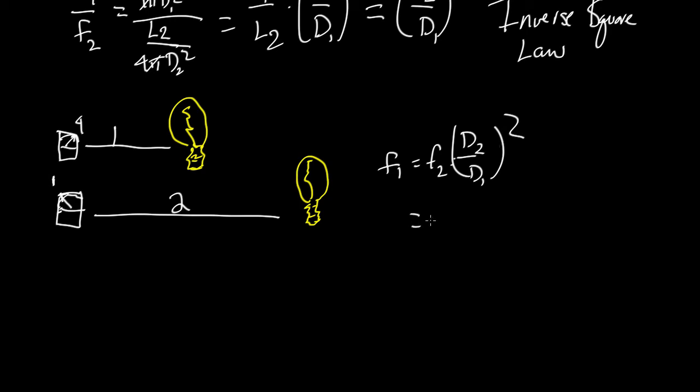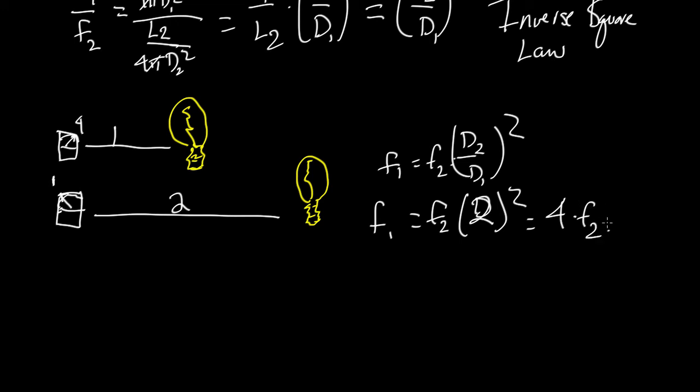Or, in the case of my light bulb example here, F2 is equal to 1, and the ratio of those distances is 2 squared, or in other words, F1 is equal to 4 times F2.